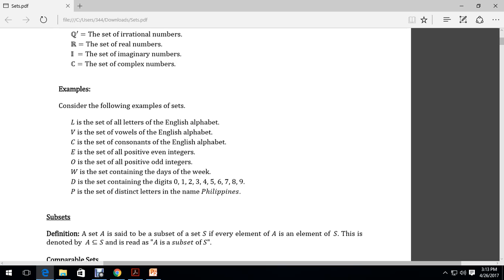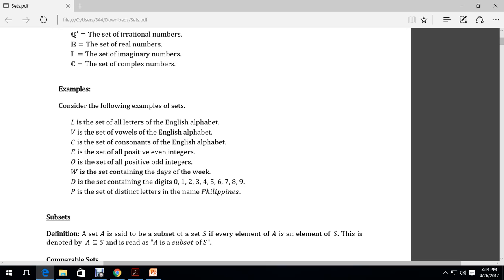Also, we could define a set of numbers such as set E, the set of all positive even integers. Set O, we could define as the set of all positive odd integers. Set W, for example, is the set containing the days of the week. So we know that the elements of W would be the days Monday through Sunday.